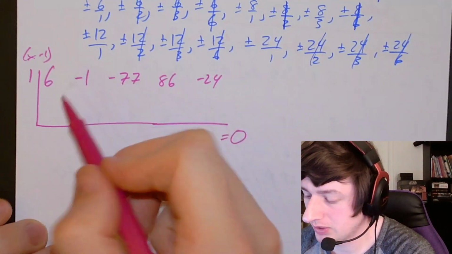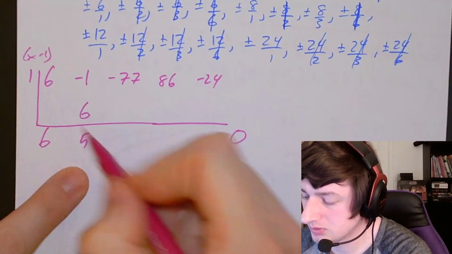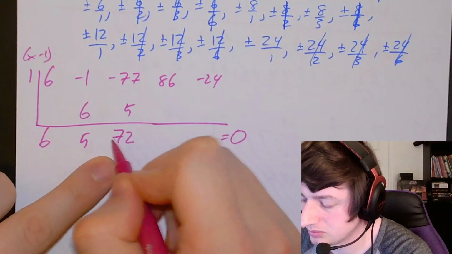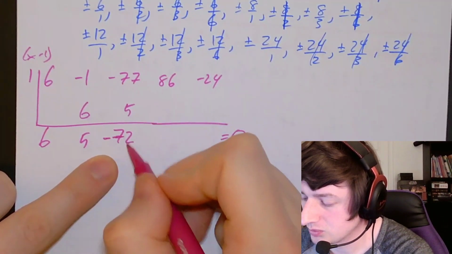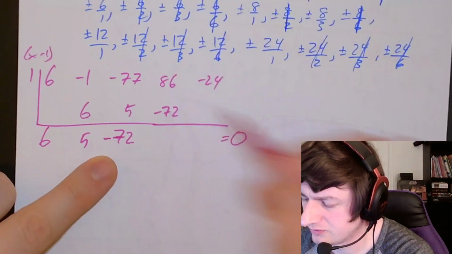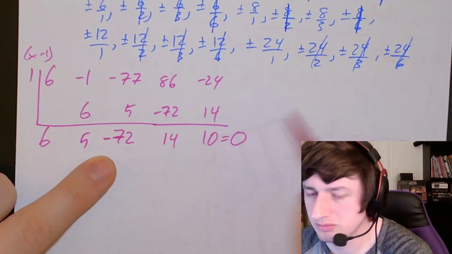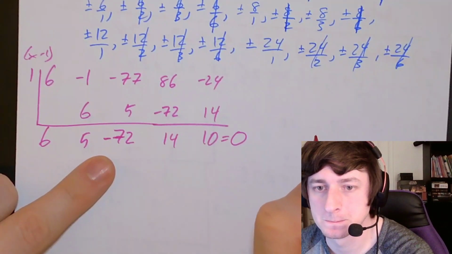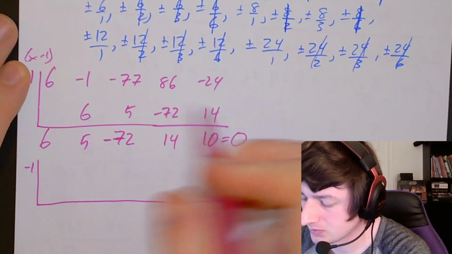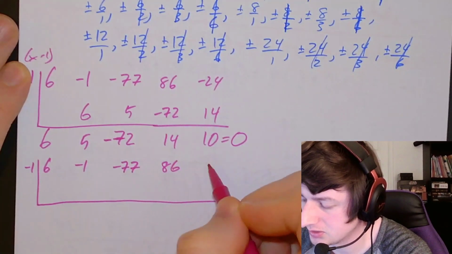We'll see. So add down, 6 times 1, 5 times 1, 72, negative 72 times 1. This is what, 14? 10? No. So we check negative 1. 6, negative 1, negative 77, 86, negative 24.